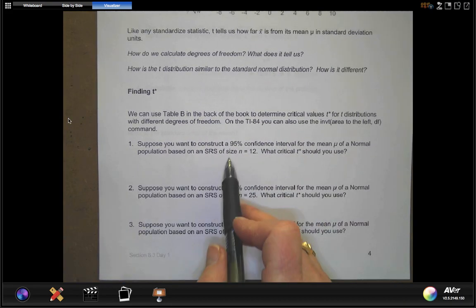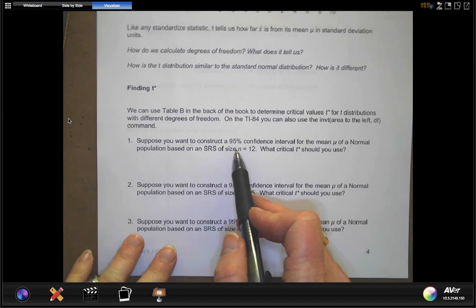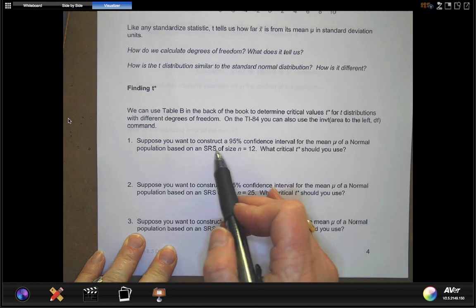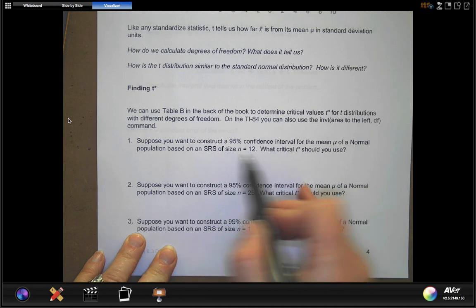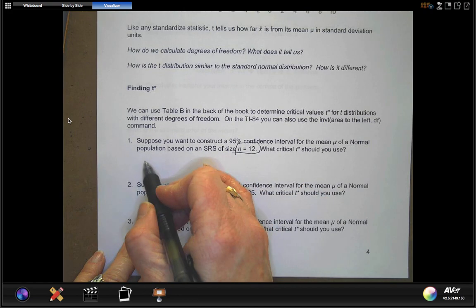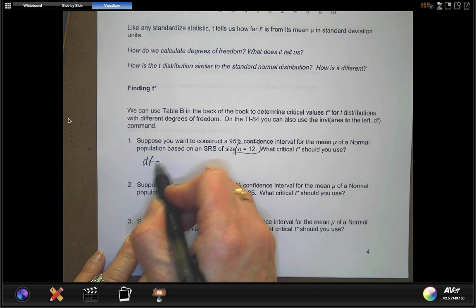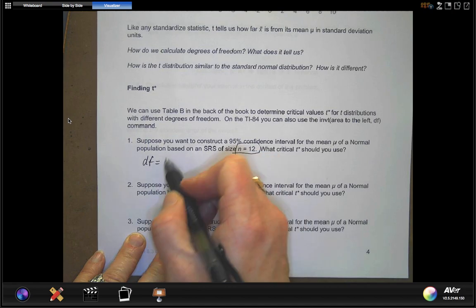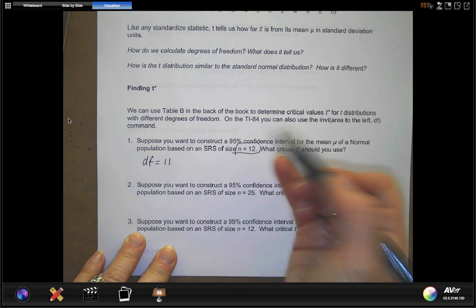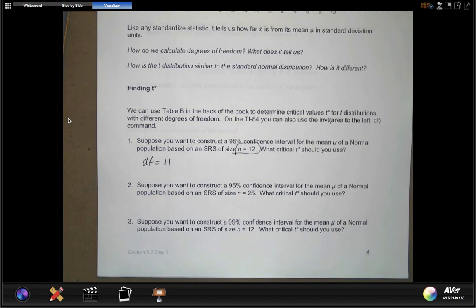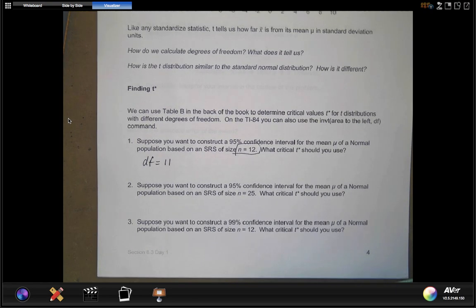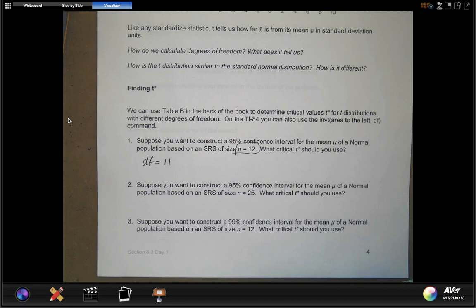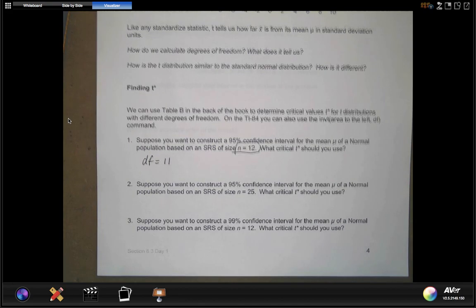Let's say you want to construct a 95% confidence interval for the mean mu of a normal population, based on a sample size of 12. You don't know the population standard deviation, so my degrees of freedom here would be 11. The table in the back of the book is nice to an extent, but it's limited, just like all of our tables are.